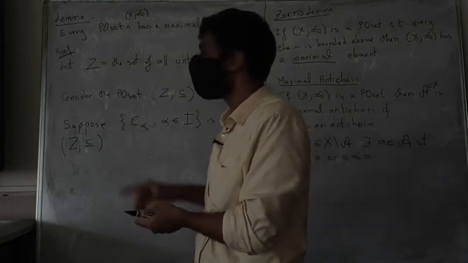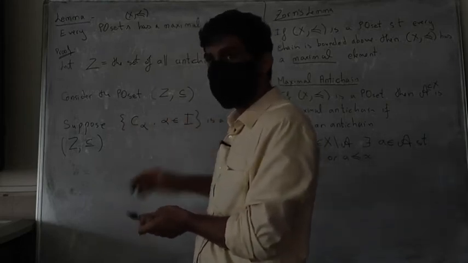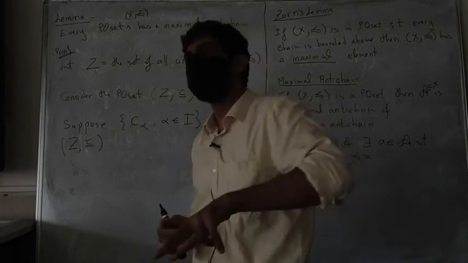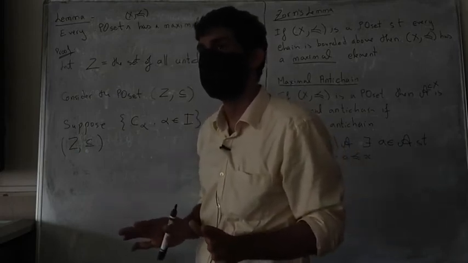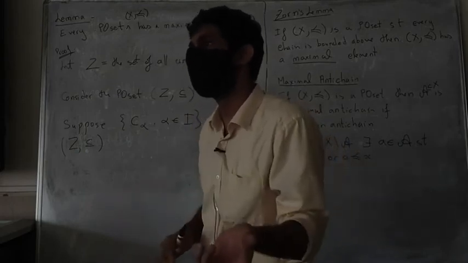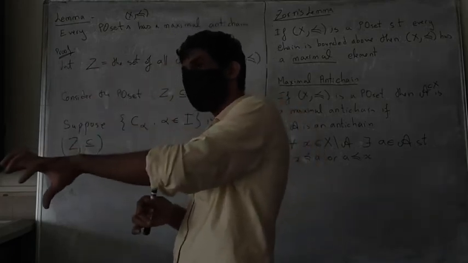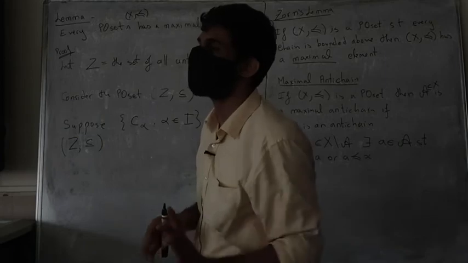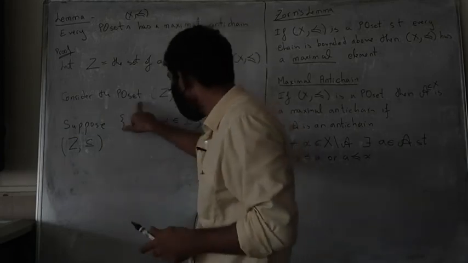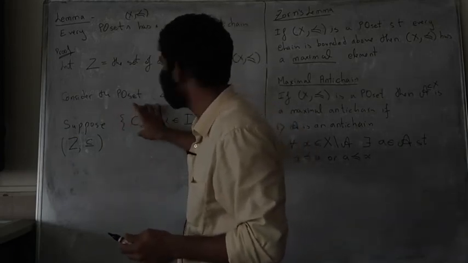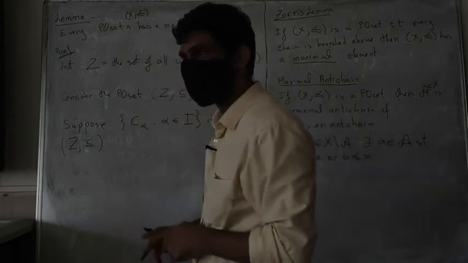Given any alpha 1 and alpha 2 in I, C alpha 1 and C alpha 2 are comparable. Either C alpha 1 is contained in C alpha 2 or C alpha 2 is contained in C alpha 1. These are all anti-chains of X with less than or equal to. Okay. So let's see. So this is a chain.